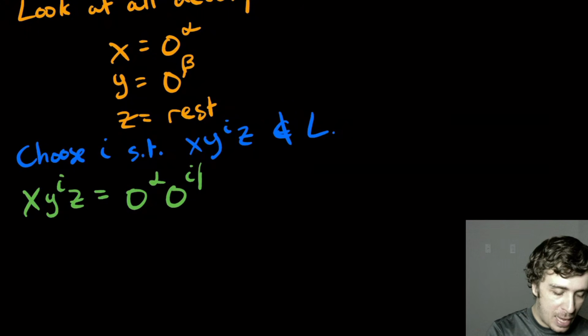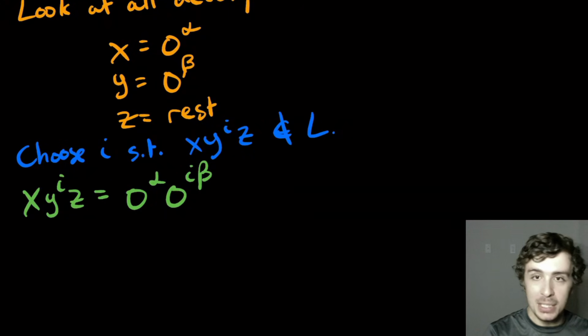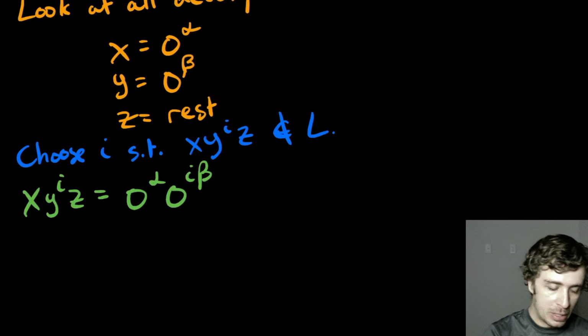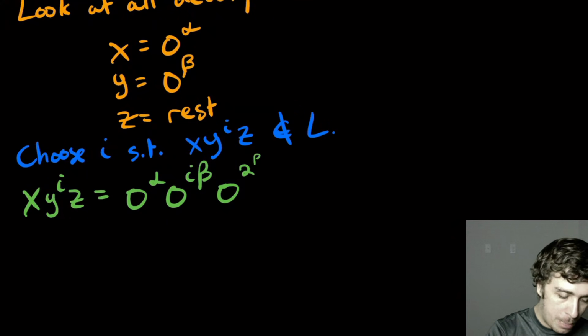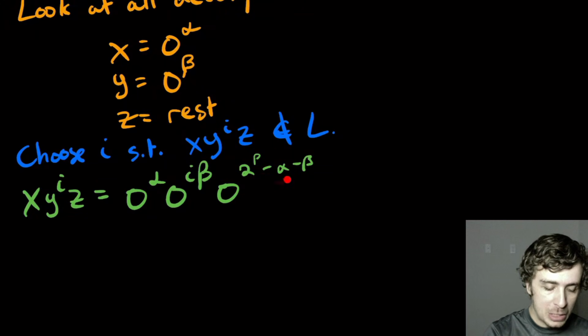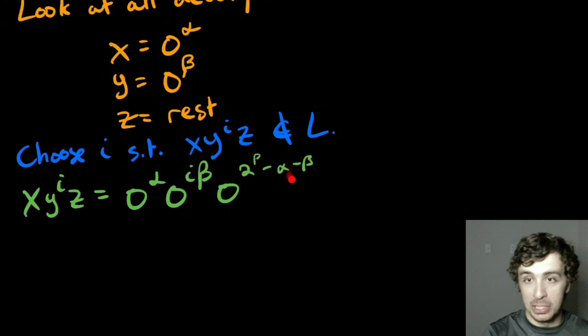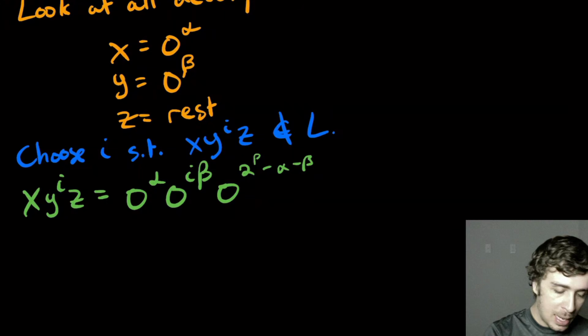Then I have I copies of the Y piece, so I times beta zeros. And then the Z part, well, that's going to be 2 to the power P minus alpha minus beta, because we had 2 to the P to start with. The X piece took alpha away, and the single Y took a single beta away. And that's the whole string.